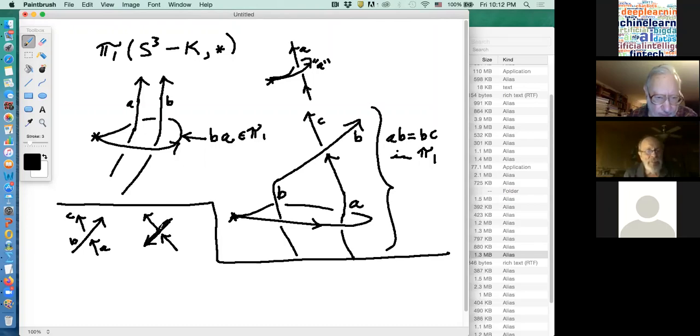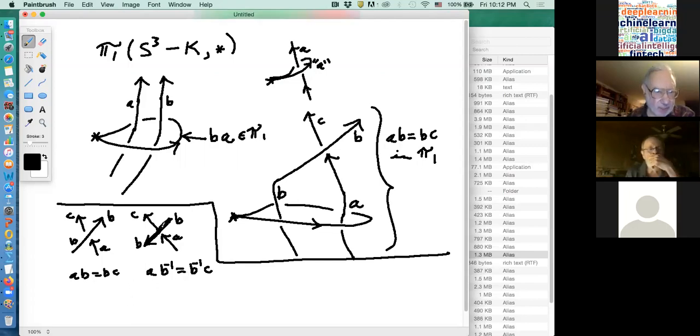A, B, and C. And so here we're going to have AB is equal to BC. And here we're going to have AB inverse is equal to B inverse times C.